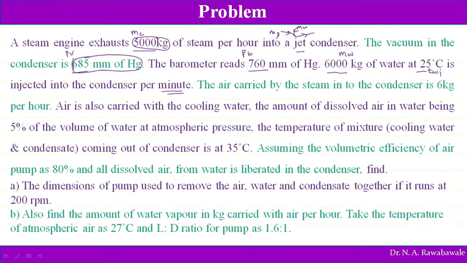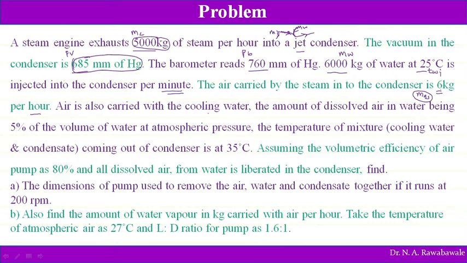The air carried by steam into the condenser. So there are two sources of air entering into the condenser. One is some amount of air enters into the condenser along with the steam. So mass of air along with the steam, MAS, enters at the rate of 6 kg per hour. And air is also carried with the cooling water. So air enters along with the steam, air enters along with the water.